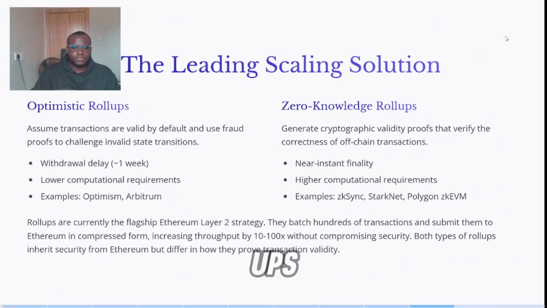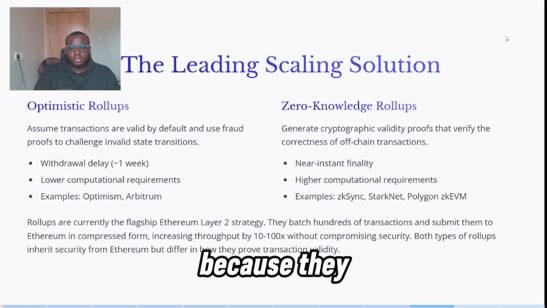So what are rollups? Rollups are the flagship Ethereum L2 strategy because they can do hundreds of transactions and then submit them to Ethereum in compressed form, and this improves throughput 100 times without compromising on security.